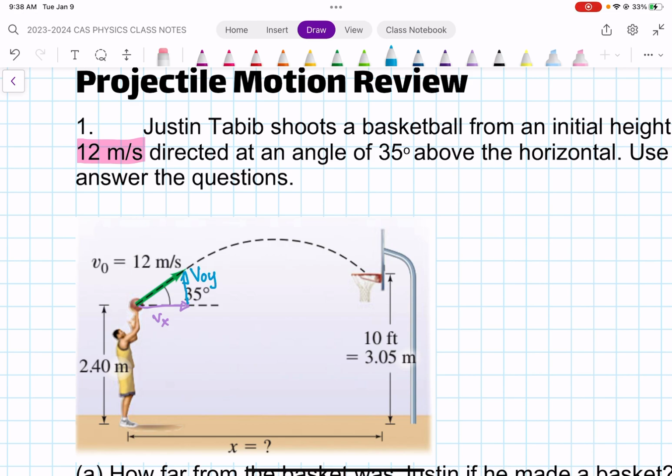Remember, in the y direction, we've got acceleration. We've got gravity. So this is the 9.8 meters per second squared. And while we're here, let's pick a sign convention. Shall we make up positive and down negative? So then what we're saying is the V naught y, the initial velocity, is in the positive direction.